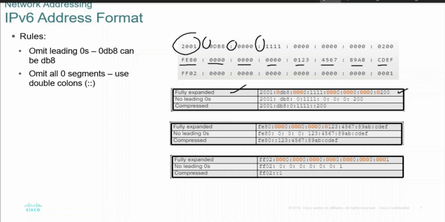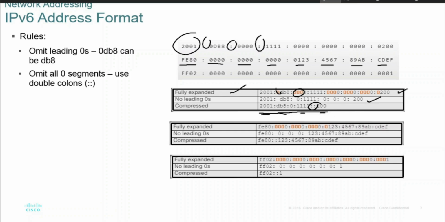Now, the first rule is that all the leading zeros can be omitted and it can be written in a short form like this. So after removing the leading zeros, meaning the first zeros after the colon, it can be written as 2001:db8:0:1111:::200. The double colon means it is a group of zeros, meaning just check the count: 1, 2, 3, 4 and 5.